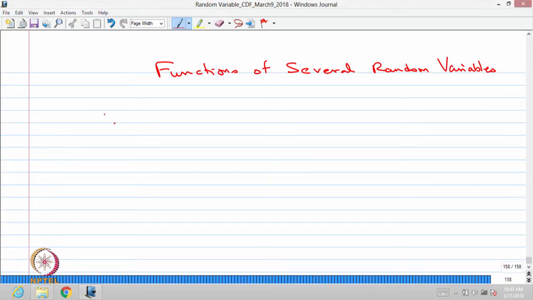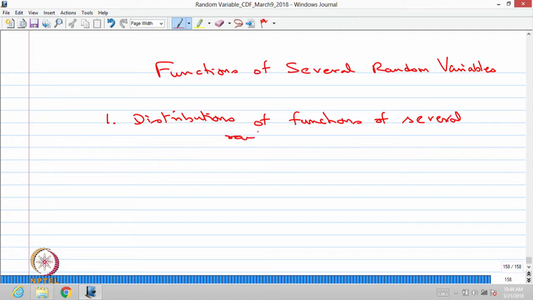In this topic, we are going to discuss three aspects. One is the distributions of functions of several random variables.